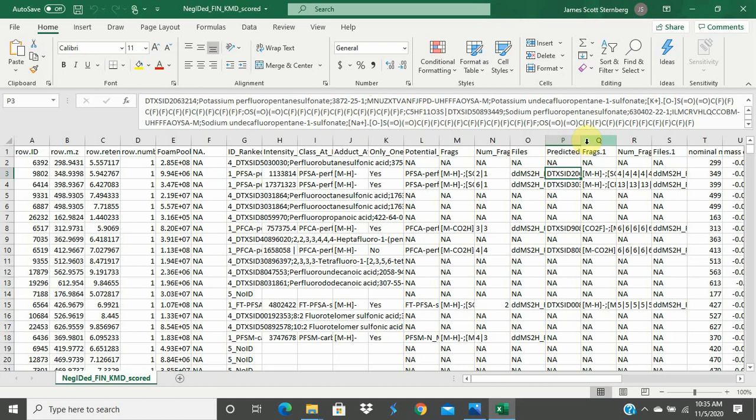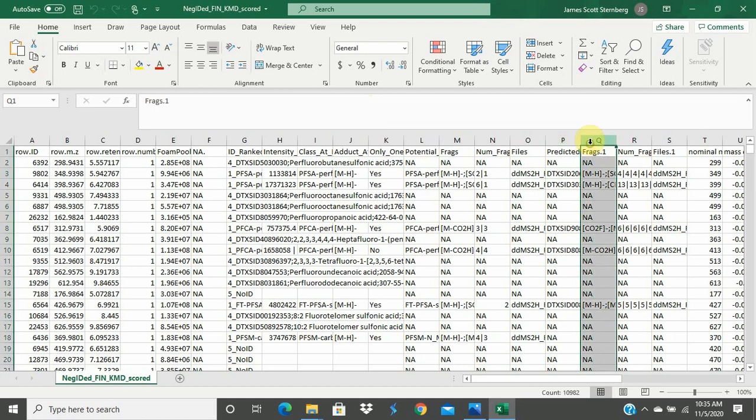In the next column, labeled Frags, you'll find the different fragments based on substructures. This particular column gives more possible fragments than the predicted frags column and hence can be more informative. The column labeled NumFrag1 is how many fragments can be found.